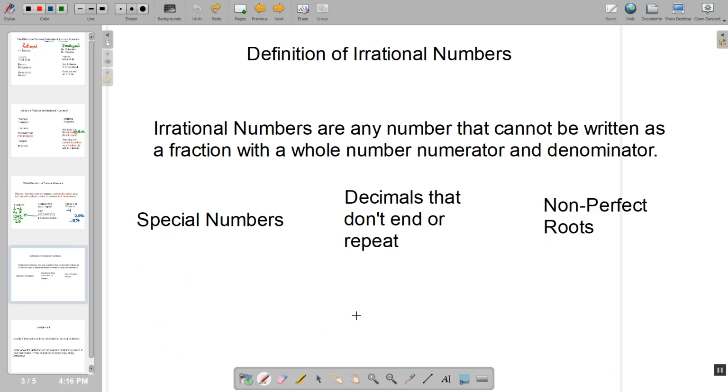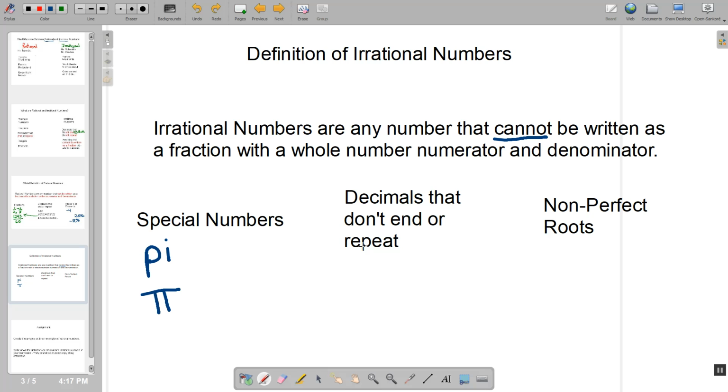So then the official definition of an irrational number is any number that cannot be written as a fraction with a whole number numerator or denominator. So special numbers like pi, which is written with that symbol, is an example of an irrational number because pi goes on forever and it does not end or repeat, which would make it irrational.